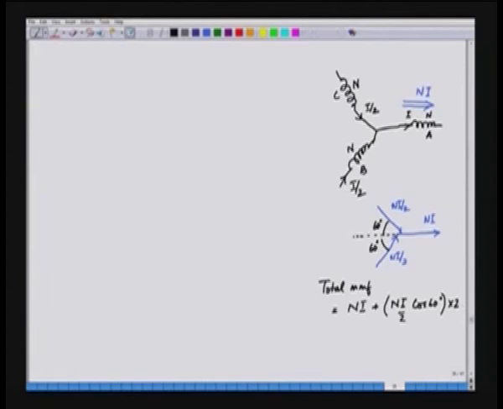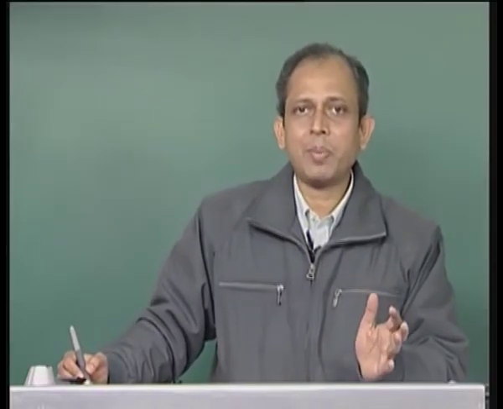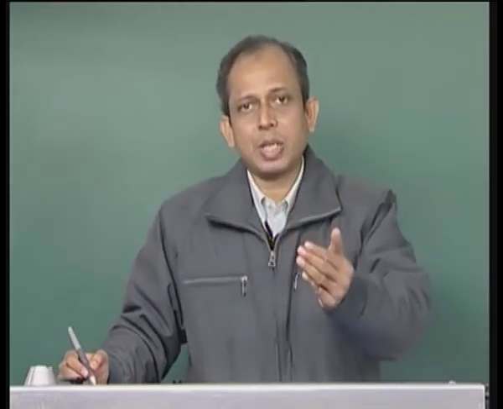Now, cos 60 is half, so Ni plus Ni by 4 into 2, and that is 3 Ni by 2. So, when we excite all 3 windings, we get an MMF that is 3 by 2 times Ni compared to when we are exciting a single winding.